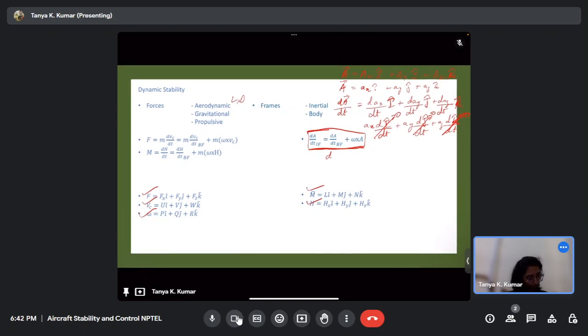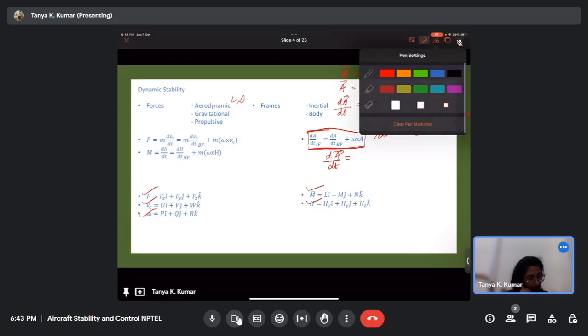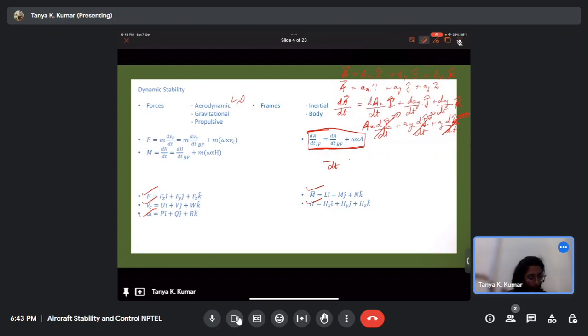Derivative of the same vector. All of this should have been capital. Let me just write that again. Just give me a minute. All of those should have been capital because we're taking the derivative in the inertial frame.